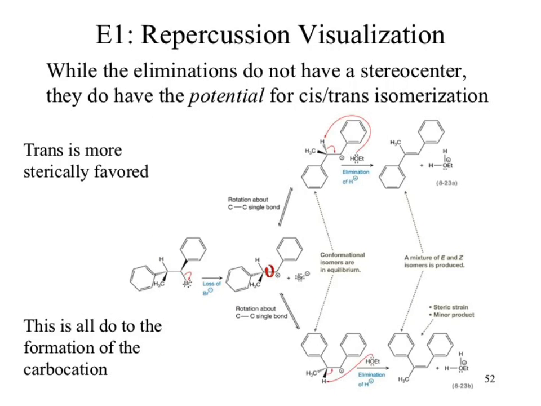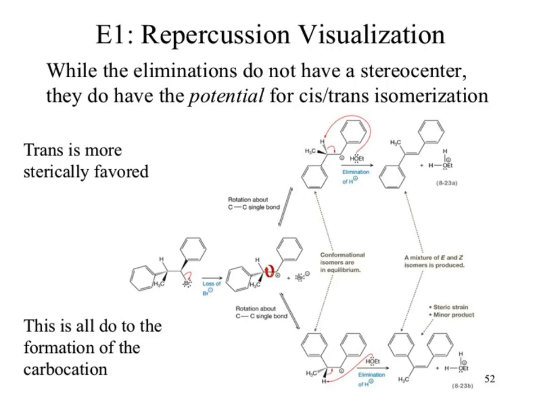So now we can move into the E1, and in particular, the visualizations or repercussions of the E1. The first repercussion of an E1 reaction is that it's an elimination reaction, and in an elimination reaction, what do I produce? A pi bond. So I'm already going to see a different product come out of this.